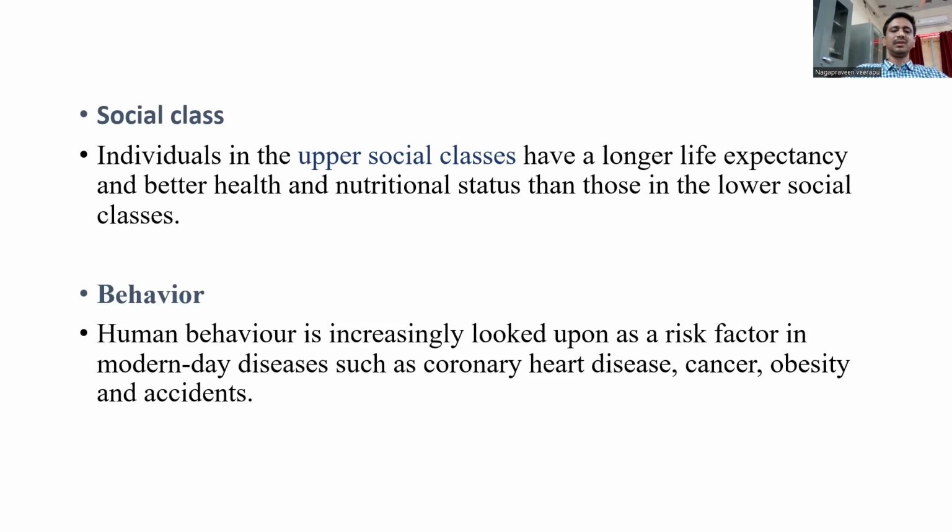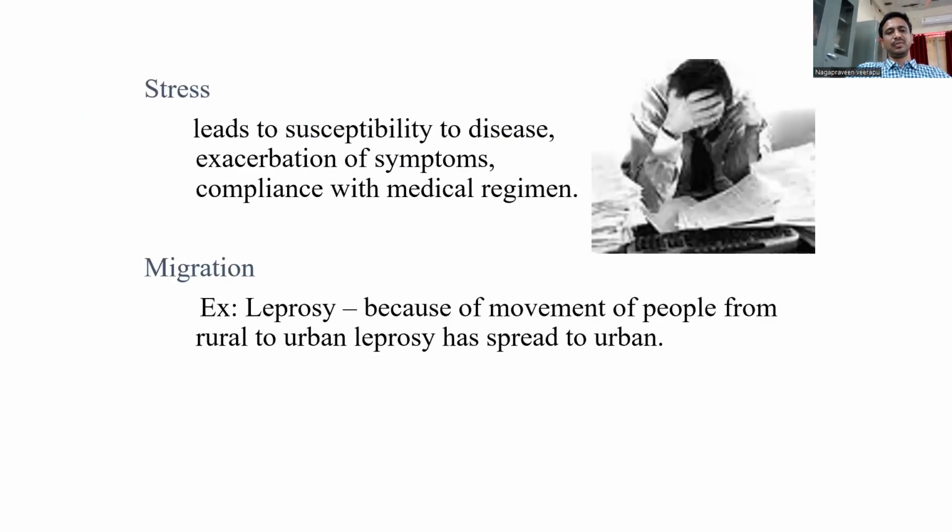When you come to behavior, human behavior is increasingly looked upon as a risk factor in modern days. Diseases like coronary heart disease, cancer, obesity, accidents. A person who eats a lot of junk food generally becomes obese and is at more risk of cardiovascular diseases. So the lifestyle or behavior of people influences the disease process.